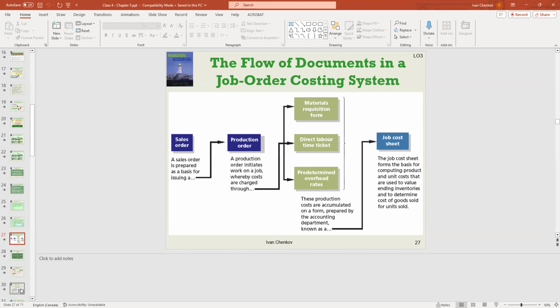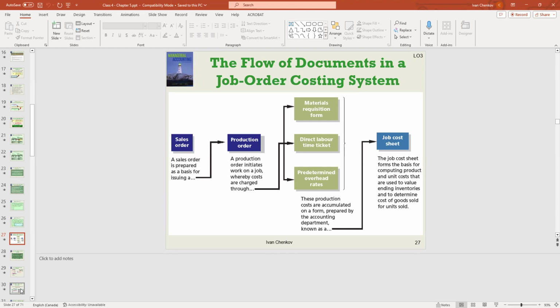The production order is going to trigger the material requisition form. Then it's going to trigger the direct labor time ticket. From the material requisition form, we're going to extract the material that we're using. From the direct labor time ticket, we're going to get the direct labor.